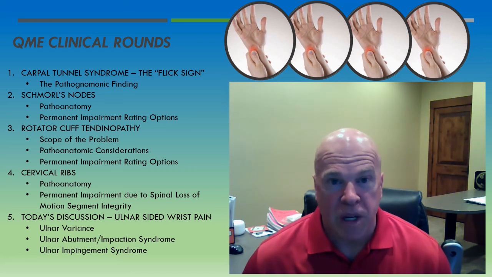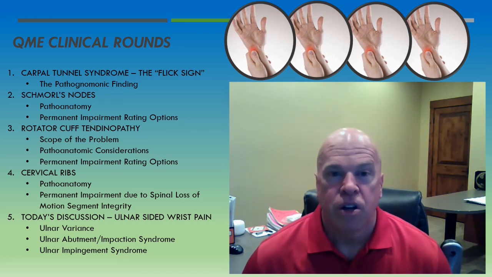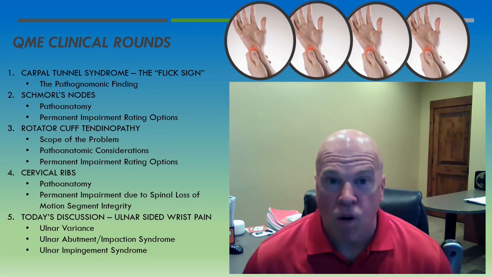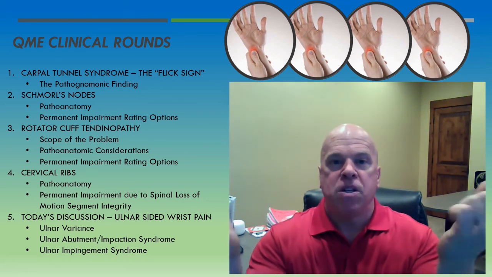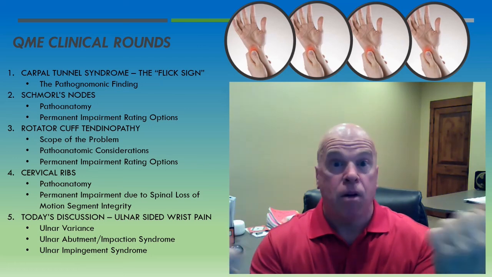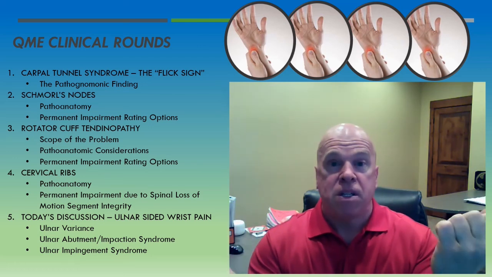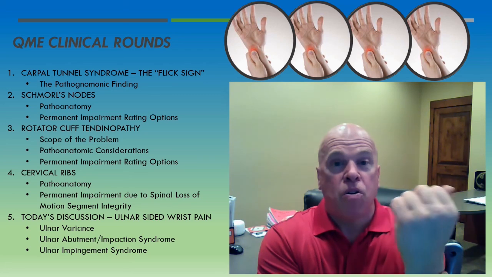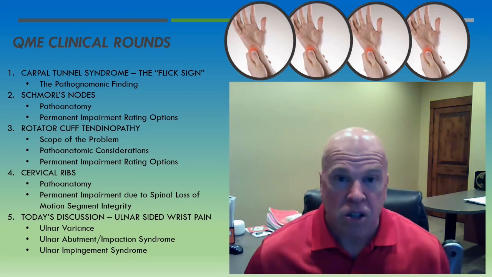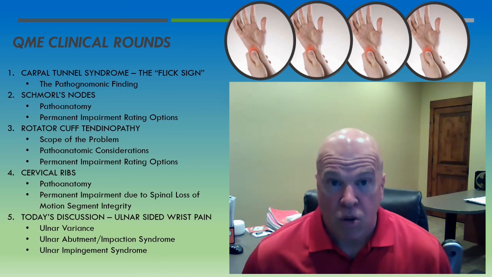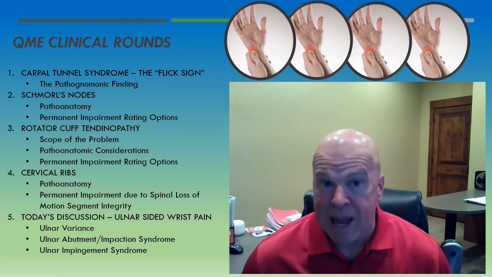And so you're going to be encountering this in your examinees over and over again, especially those examinees that are involved in repetitious activities of the hand and wrist. And it seems that repetitious activities, including ulnar and radial deviation and pronation and supination at the wrist, predispose the wrist to ulnar-sided wrist pain.